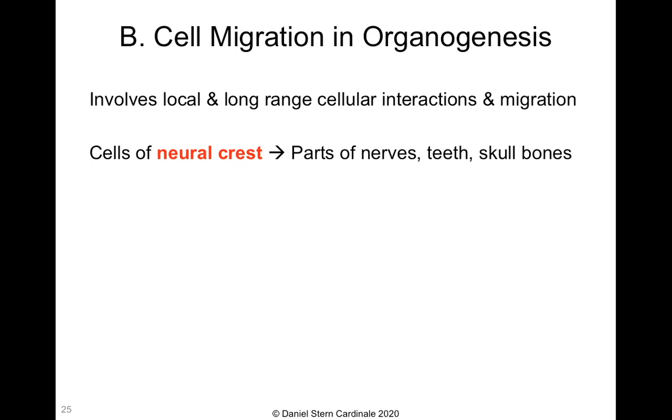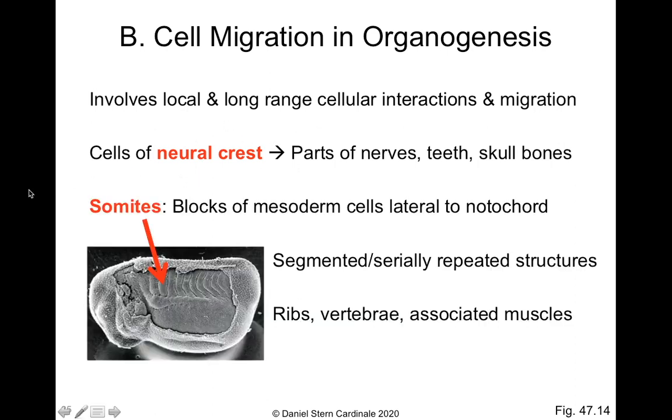They become nerves, so they become part of the peripheral nervous system. They become the teeth. They become some of the bones of the skull. So there are these weird little pockets of tissue in your body, such as your teeth, that are derived from ectoderm, even though it seems weird and counterintuitive that that's the case. It's because they're derived from these neural crest cells that are migrating throughout the body.